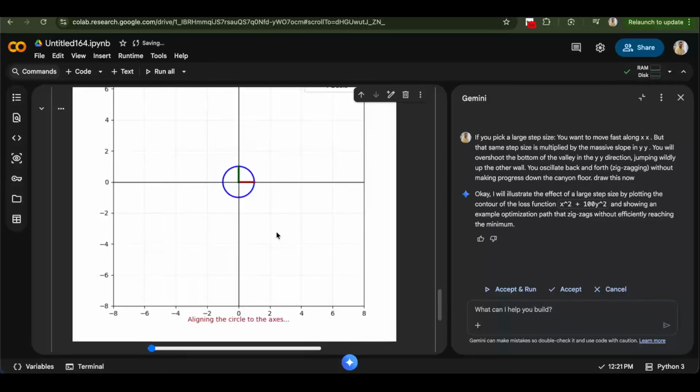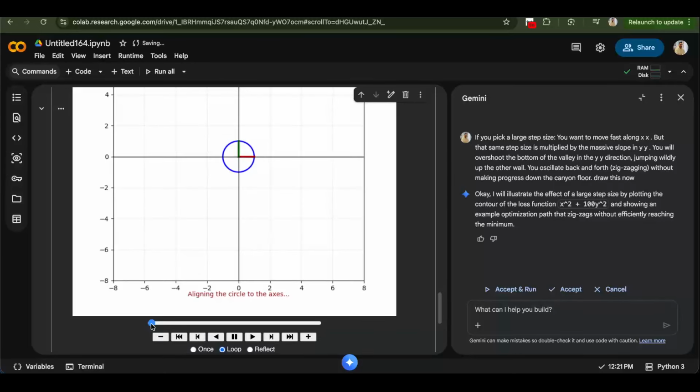There is an animation of that happening right here. In the beginning, it's going to rotate the circle. Now you see it's also squishing, which is not good. This is a flaw in the animation because I generated it with Gemini, but imagine it's just rotating to this point.